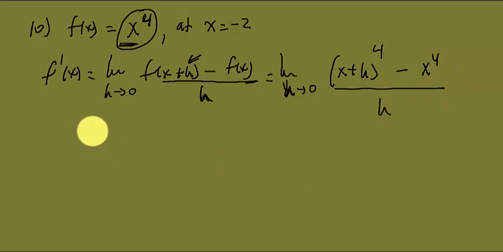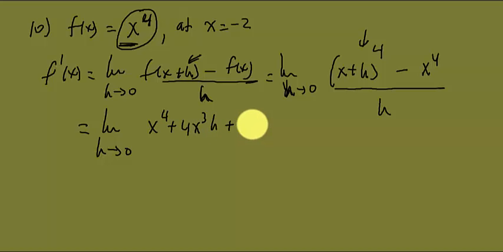Now we have to do some algebra, which is going to kill you guys. I have to expand this binomial. We know that by the binomial theorem and Pascal's triangle. x to the fourth plus 4 x to the third h, plus then what will I get? I'm going to get x squared h squared, and what's my coefficient?